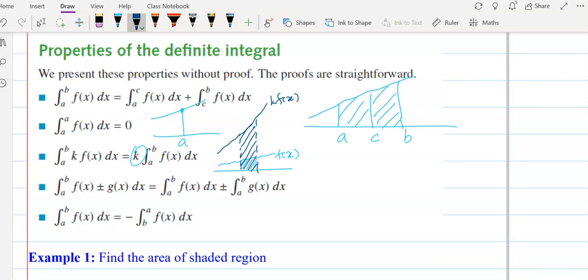And of course, if I have two curves, one is f(x) and the other one is g(x), I can find the area between these two with a minus. If I were to consider in this case a to be here, I first consider the blue area and then I consider the orange area.